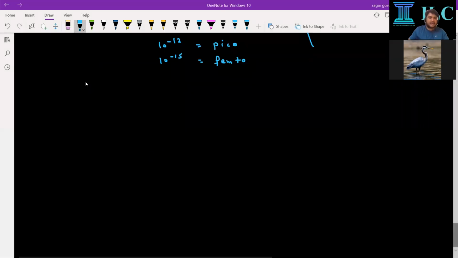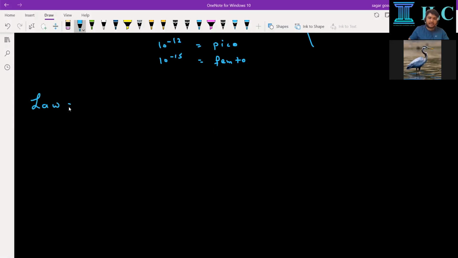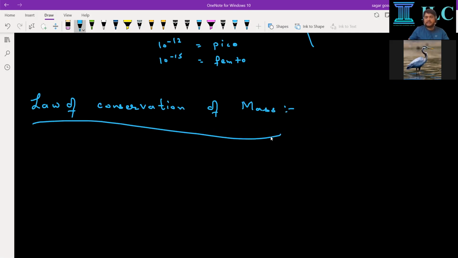Obviously you know the laws of chemical combination. I guess you have heard about the law of conservation of mass. What is the meaning of the law of conservation of mass, Vishnu? Mass can never be created or destroyed. Yes, so in a chemical reaction, whatever mass you have at the reactant side, you have equal mass at the product side.